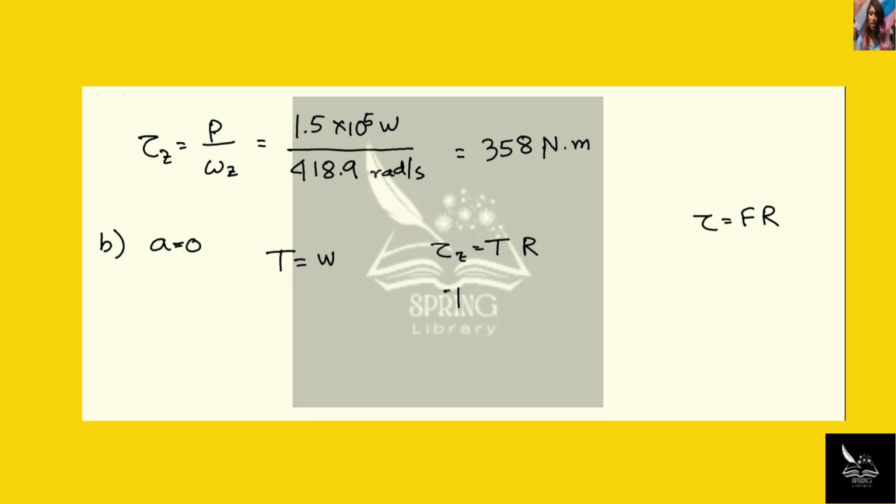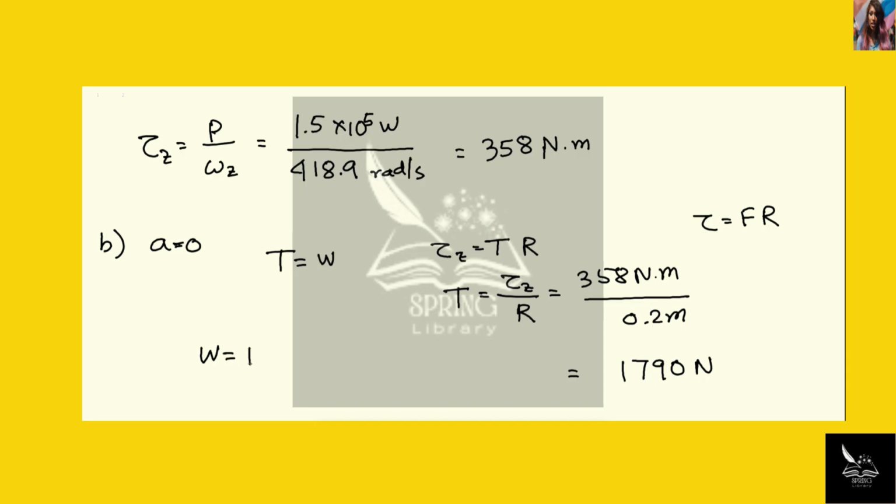So the tension is torque over r, which is 358 newton meters divided by 0.2 meters, giving 1790 newtons. Since tension is equal to weight, our weight will be 1790 newtons.